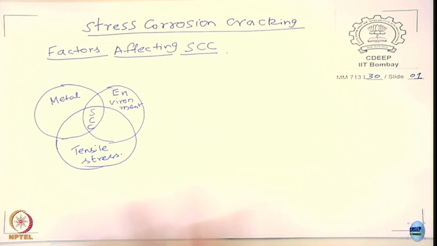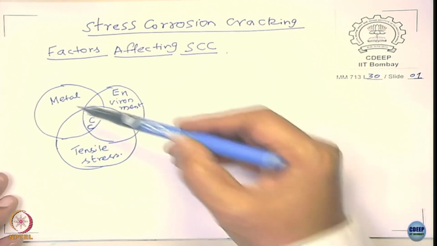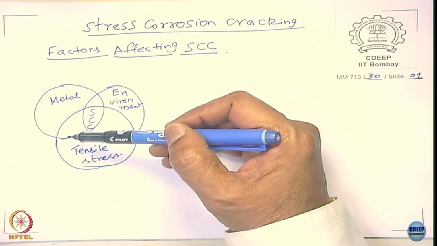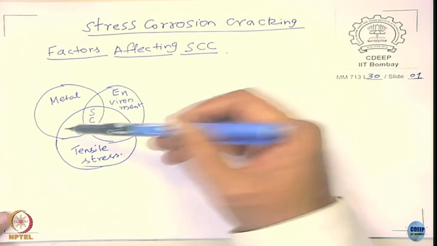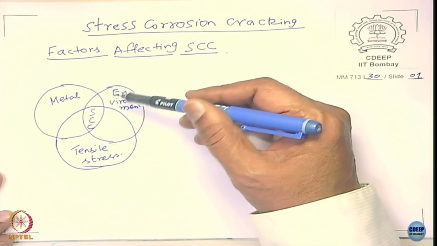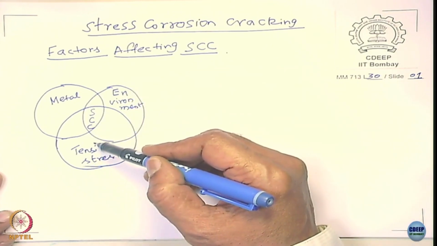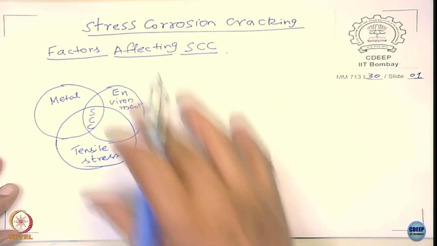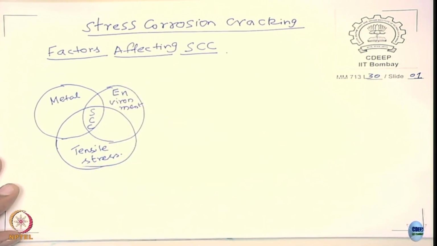So, if you need to understand what are the governing factors, we need to understand in relation to the metals, the metallurgy of the material that is used for a given application, the environment that the material will be exposed to, and the nature of the tensile stresses. So, all these are going to govern the susceptibility of a material towards stress corrosion cracking.